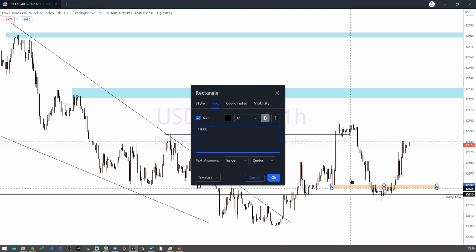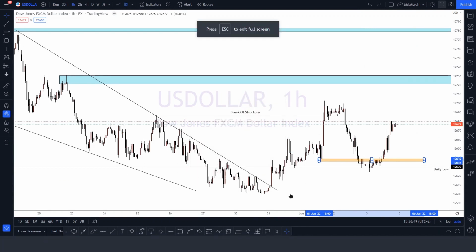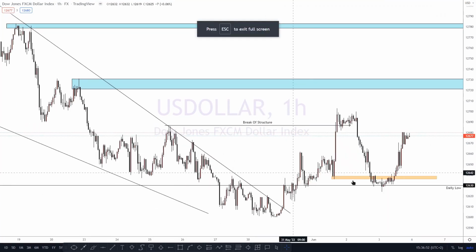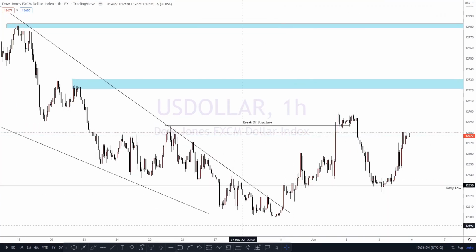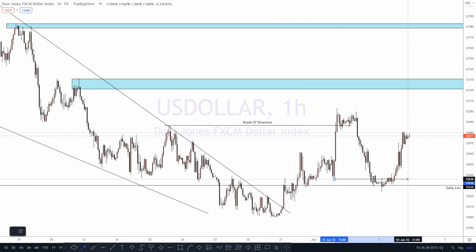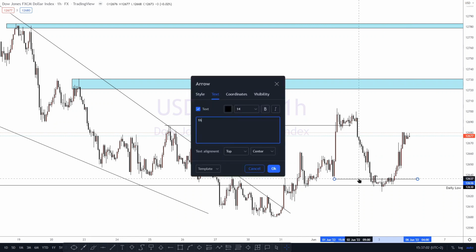Or in fact, instead of using this, you can easily use this to understand that it was a 1H high low.